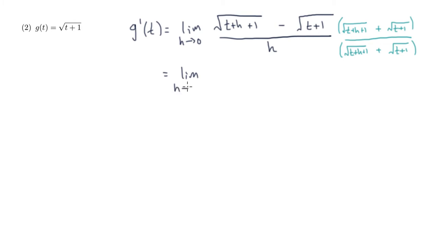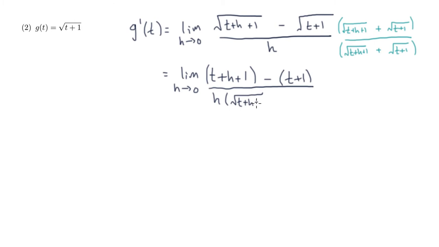And so in the numerator, we have this squared minus this squared. So t plus h plus 1 minus t plus 1, all over h times square root of t plus h plus 1 plus square root of t plus 1.